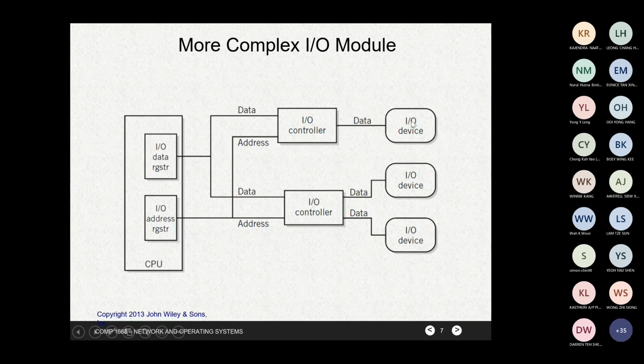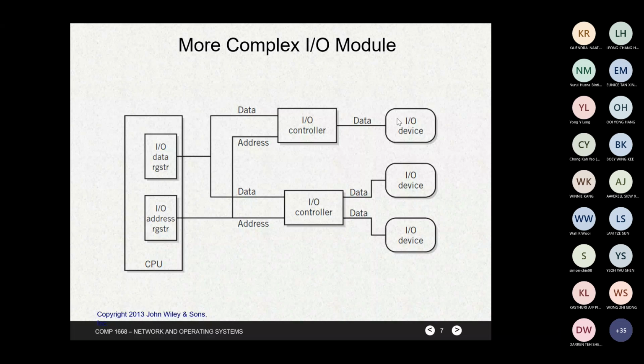Because the data comes in, it could be a character, raw data, text, a sound, audio, video, we don't know. Or it could be just a click from the mouse. If it is a click from the mouse, it could be just a signal, one bit.